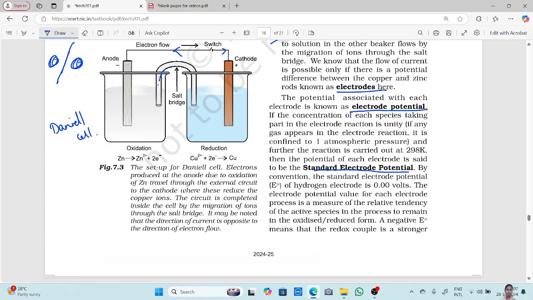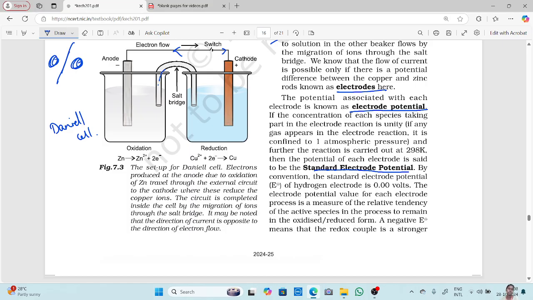When the concentration of each species taking part in the electrode reaction is unity, that means I have 1 mole of solution in both the beakers, and the pressure in both the beakers is 1 atmosphere, and the reaction is carried out at a temperature of 298 Kelvin, it is a standard electrode potential.